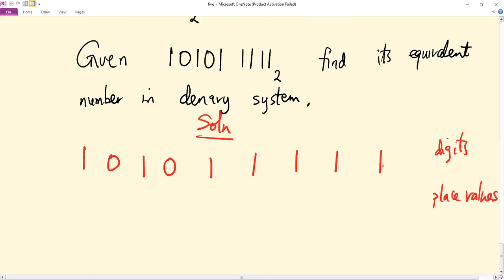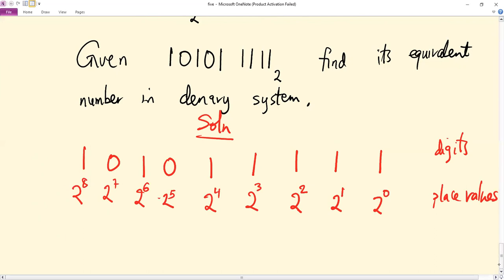We start from the right: 2 power 0, 1, 2, 3, 4, 5, 6, 7, 8.